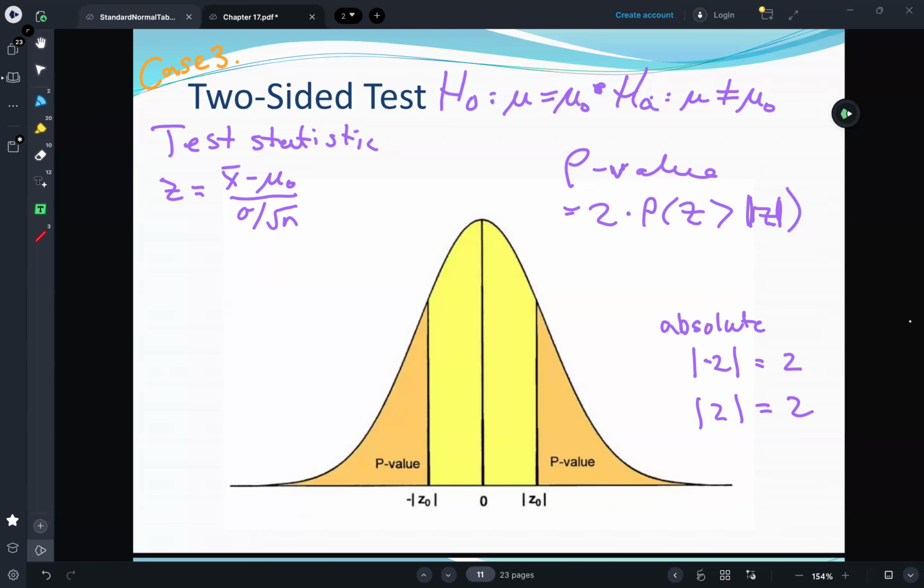Because it's absolute. Just a reminder of what those bars mean. So if you get a negative test statistic and you plug it in here, you need to always keep the positive. When you remove the bars, you'll keep the positive.